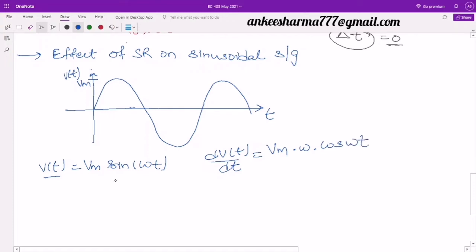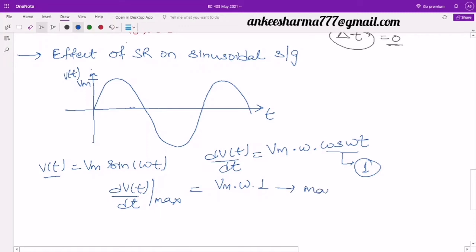And if I want the maximum rate of change of this voltage, then dv(t) by dt will be equal to Vm into omega, since for the maximum value cos omega t should be equal to 1. So this will be my formula, Vm into omega, which will tell me the maximum rate of change of the signal.